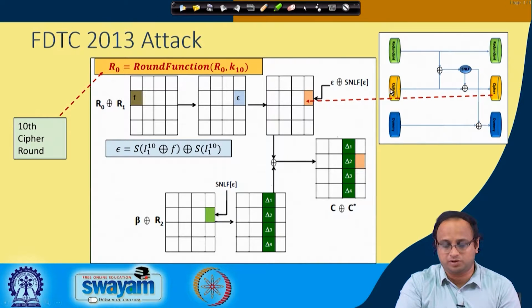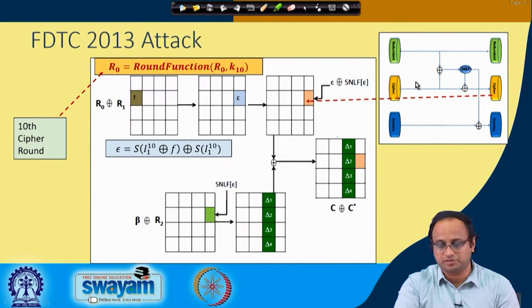What we are basically comparing with in R0 is the cipher but with the fault, and the fault in this case is epsilon. Because of this XOR I get an input of epsilon, and that gets converted into SNLF epsilon. As we know, with the SNLF function, if there is a non-zero value, it also produces a non-zero random-looking output, and that pollutes both the cipher as well as the dummy round.